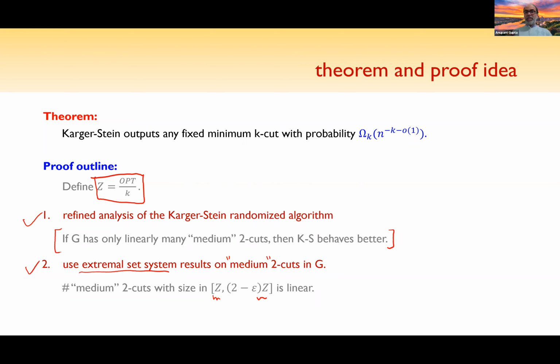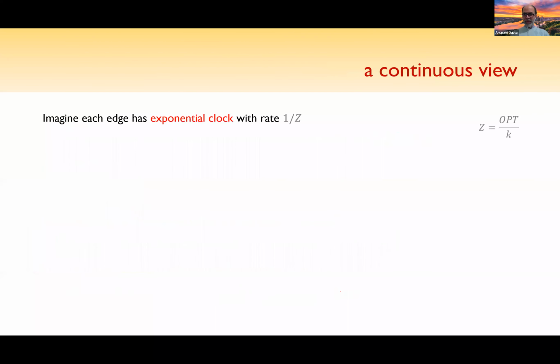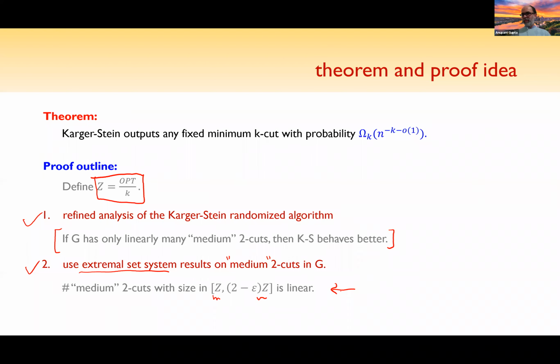If the graph has a linear number of medium two cuts, then Karger-Stein will behave beautifully. And then I'll show you why these two cuts are only linear, and the second part is purely a set extremal result in set systems. Good. Okay, so other questions? Otherwise, we dive in and do the first part.